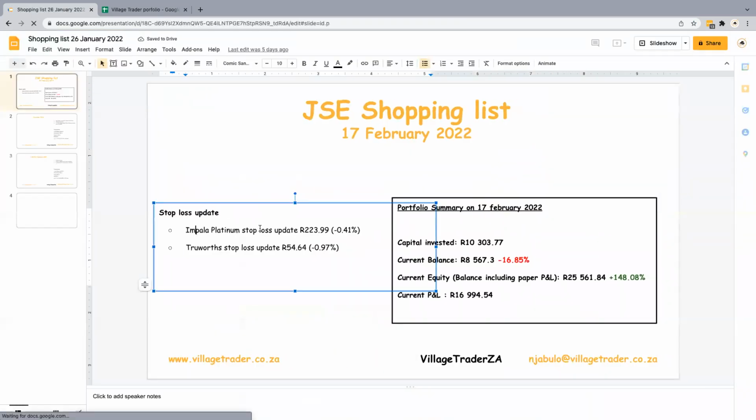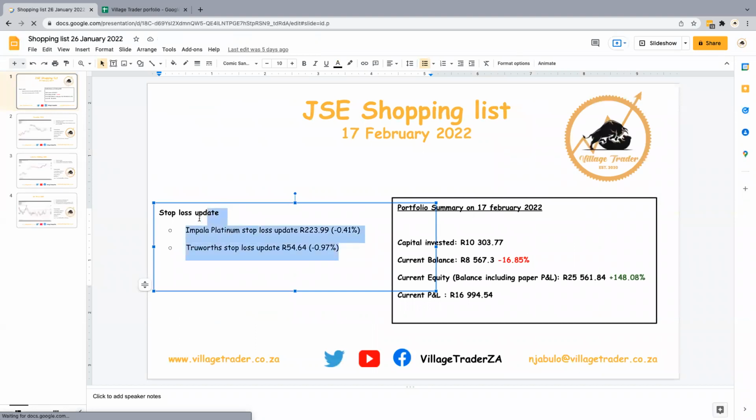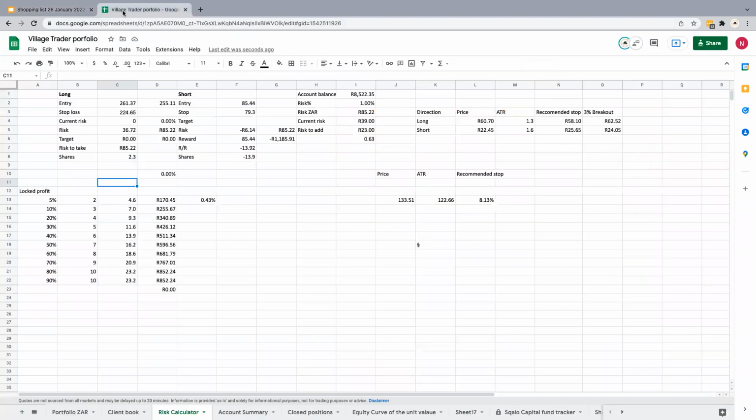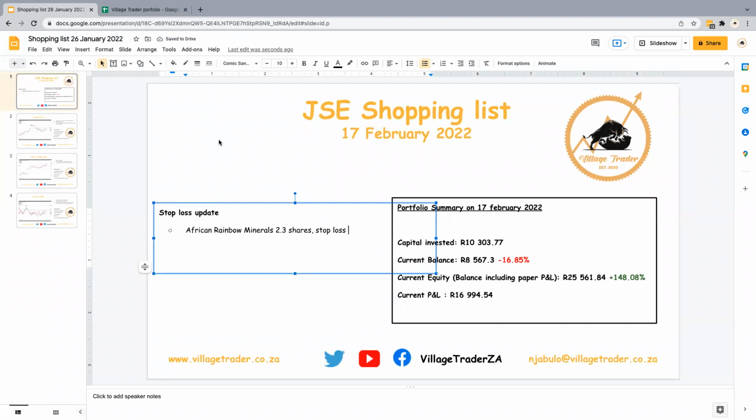So I'm going to be buying African Rainbow, 2.3 shares, stop loss at 22465.